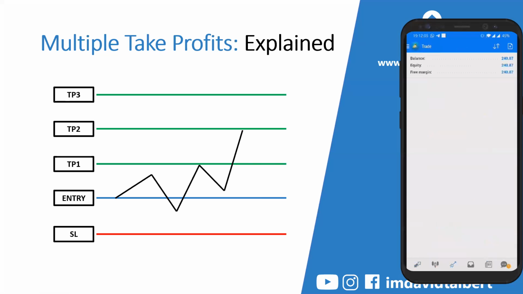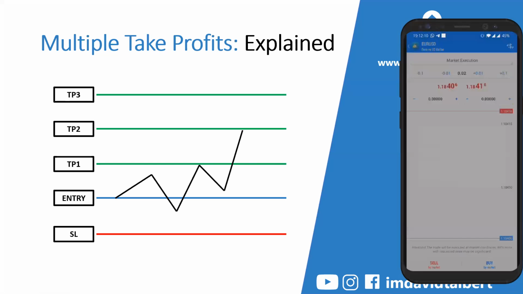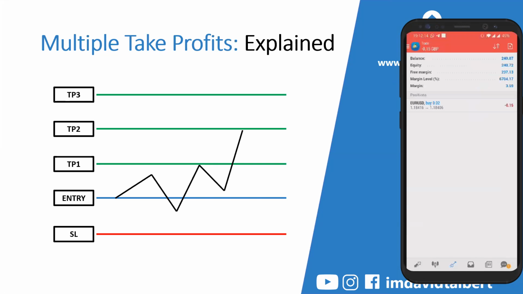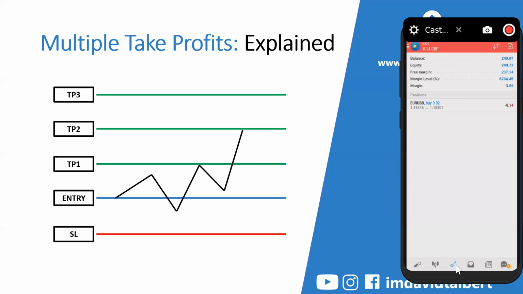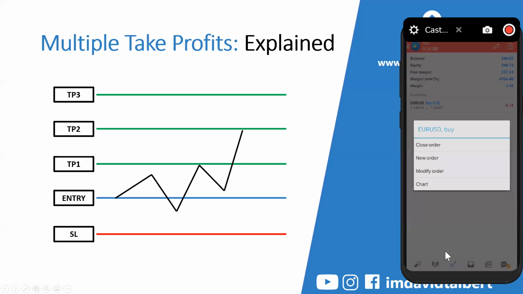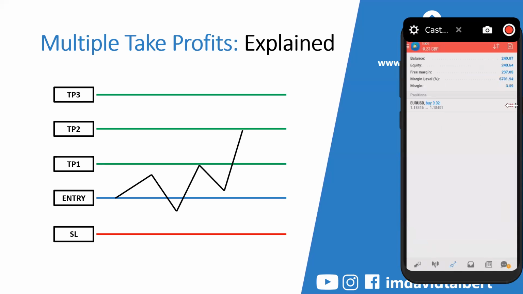So when you're in a trade, let me just give you an example. If I just go into one for now and show you. So I'm in a trade, for example. Yes, my demo account, I just didn't want to use my live account. And if we had our stop loss already typed in, you can modify the trade. So when you're in the live trade, in the trade section, and your trade's in a certain amount of profit, you can press and hold down on it and modify it and change the stop loss.